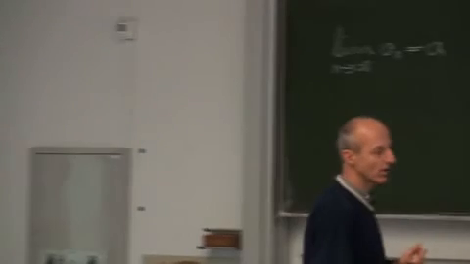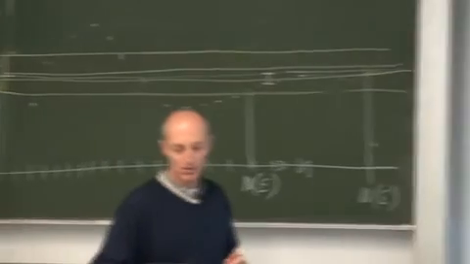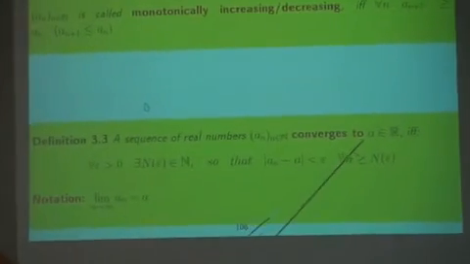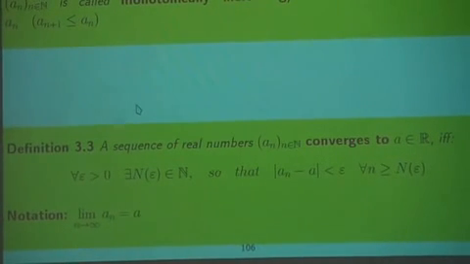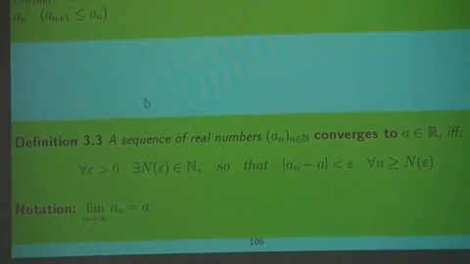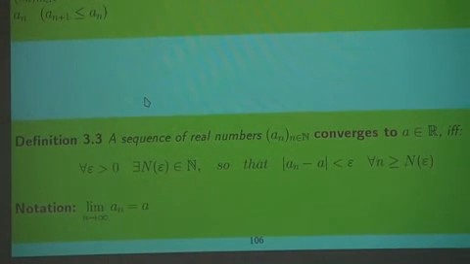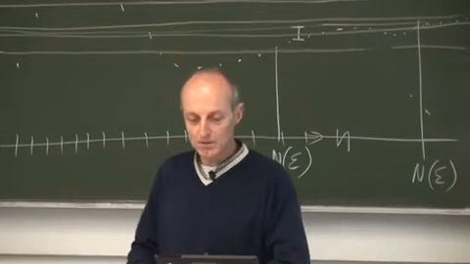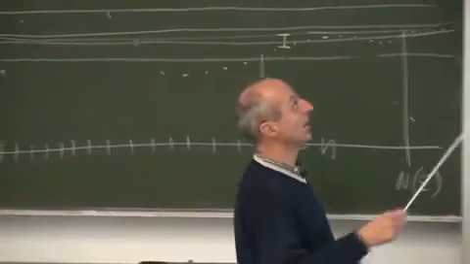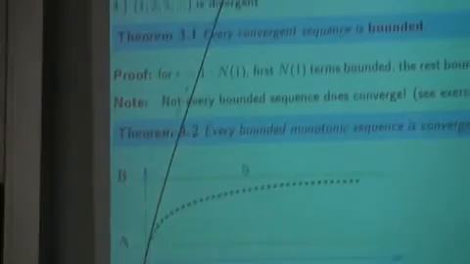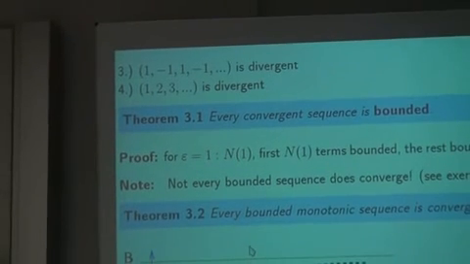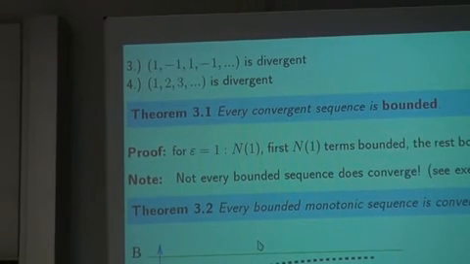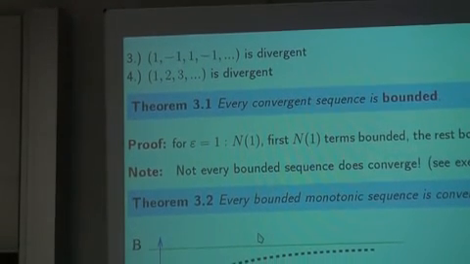Why did I say 0 now? Because if you want to apply this definition, you need to know the limit A. If you have no idea of the limit A, what does convergence then mean? Convergence then means there exists some A, but you have no idea of what A is. So that's why I made it easier, and I asked you to prove that this sequence does not converge to 0. Why does it not converge to 0?